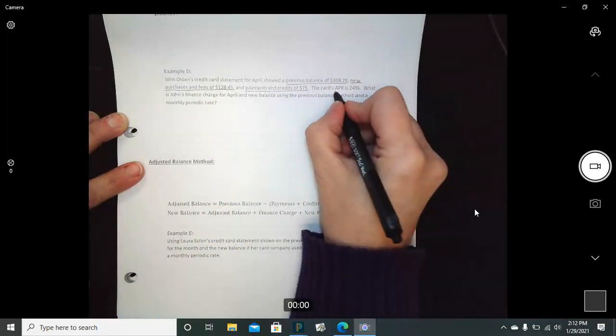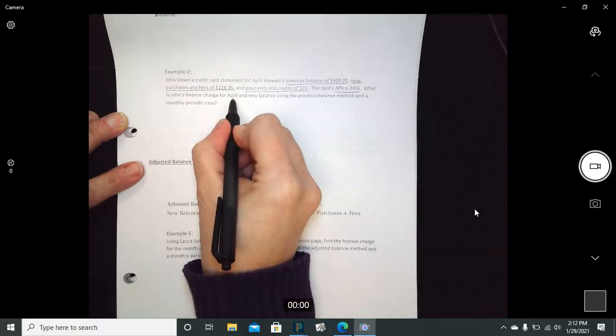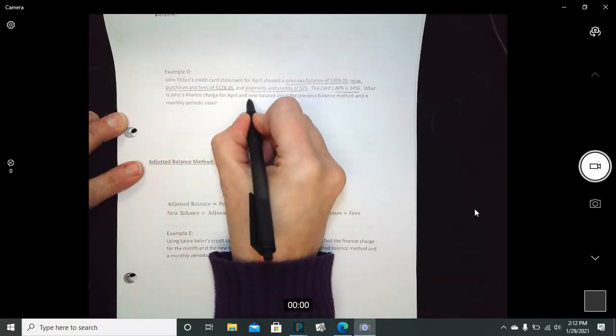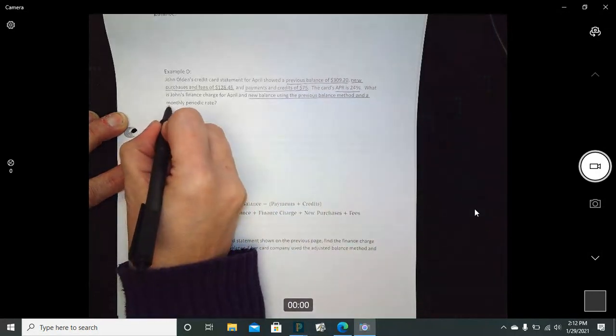Now I have an APR of 24%. They want to know the finance charge for April and the new balance using the previous balance method and a monthly periodic rate. Okay, so let's go back to the basics first.